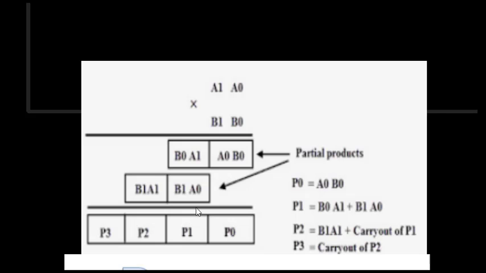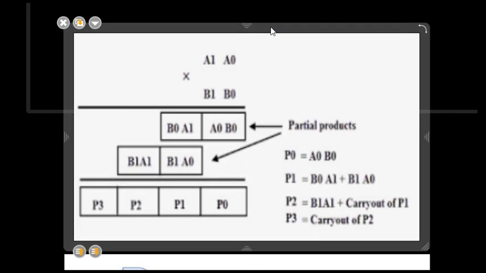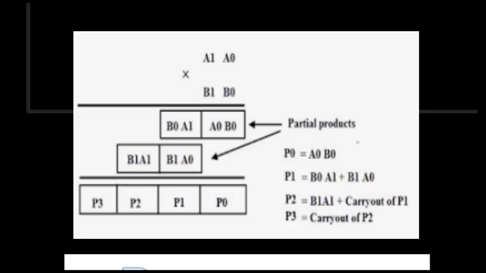As observed here, P0 is the partial product A0 B0. P1 is B0 A1 added with B1 A0. Then P2 is B1 A1 plus the carry generated by the P1 addition, and P3 is simply the carry of P2.